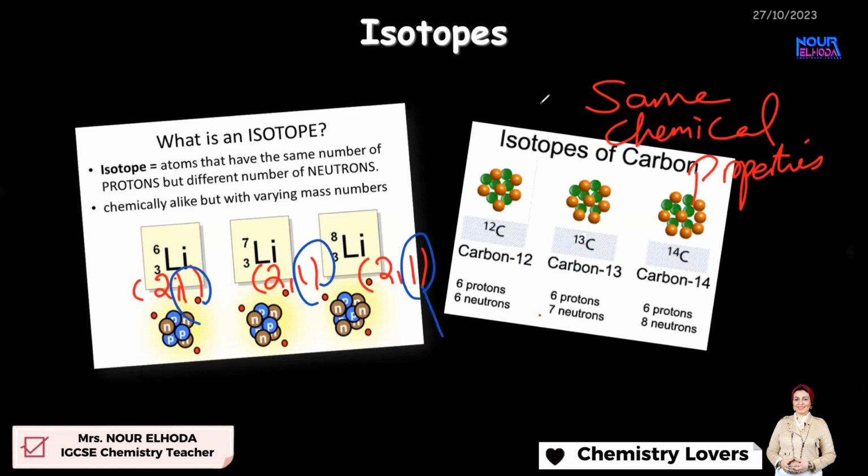It's all related to the electrons in the outer shell. So all of these elements have the same chemical properties, meaning they react in the same way, because they all have the same electrons in the outer shell. Whether it's lithium 6 and 3, 7 and 3, or 8 and 3, they have the same number of electrons in the outer shell. This means they have the same chemical properties.